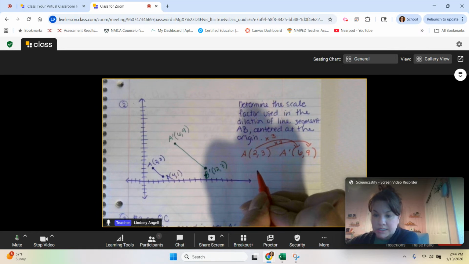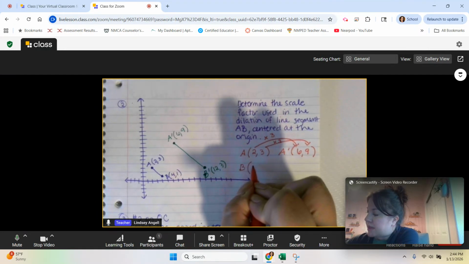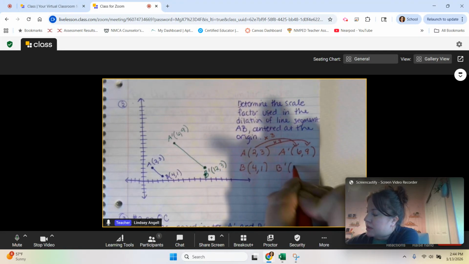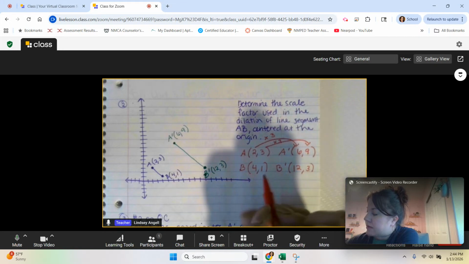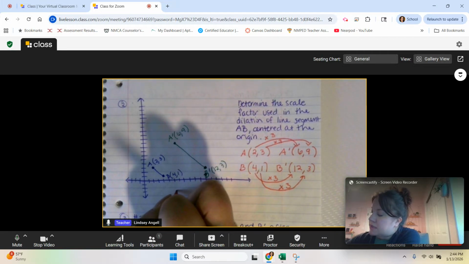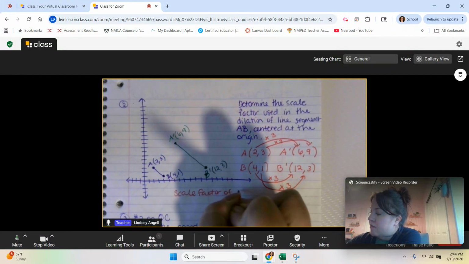So let's check to make sure that the same is true for B and B prime. We've got B at (4, 1). B prime is at (12, 3). Well, to get from 4 to 12, multiply by 3. To get from 1 to 3, I'd multiply by 3. So it is a scale factor of 3.